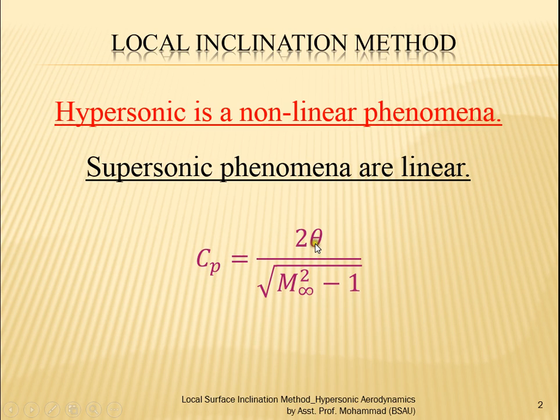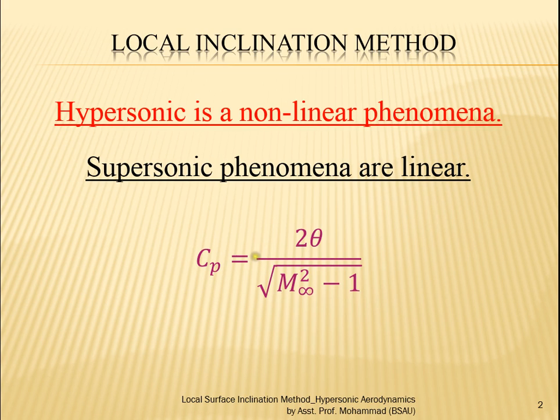Because of deflection in the flow, the pressure is changing, so we have a coefficient of pressure available here. This coefficient of pressure is caused by theta, and there is a linear relation between these two. This is a constant value, because the term with M infinity is a constant value. This is the free stream value. So basically there is a linear relation between Cp and theta. This is what we call the linear relation.